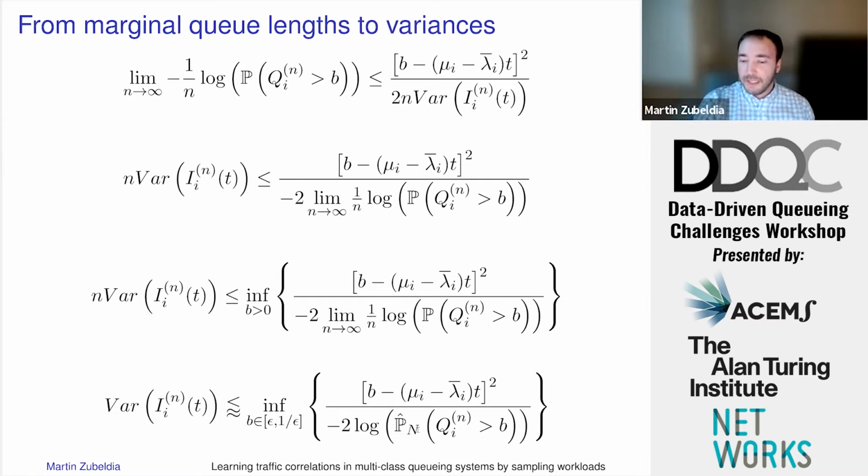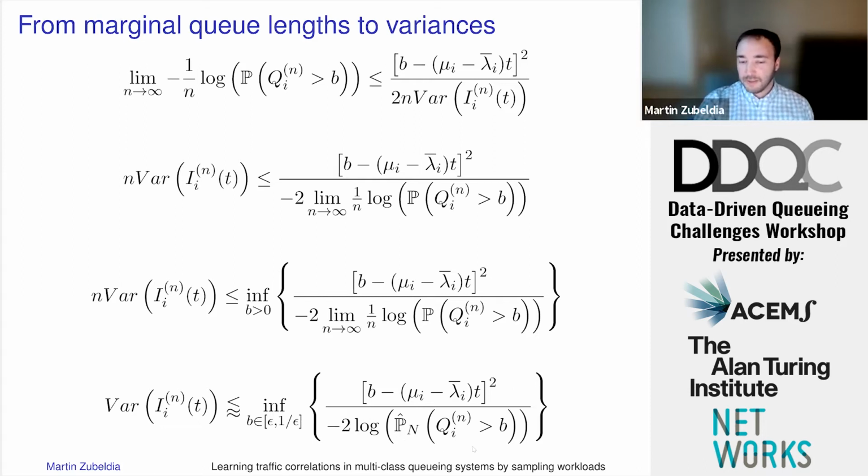So after big N samples, we have some empirical distribution for the queue length, p hat sub n. So we use the empirical distribution instead of the true distribution. And also, instead of taking the infimum over all b, we just take a compact interval. This is just a technical issue. It's easier when you can optimize over compact sets instead of open and unbounded sets. But essentially on the right, we have something reasonable that we can compute.